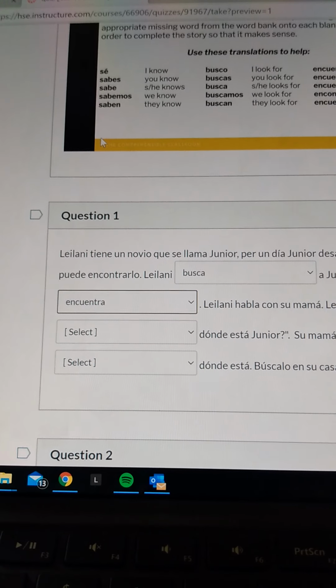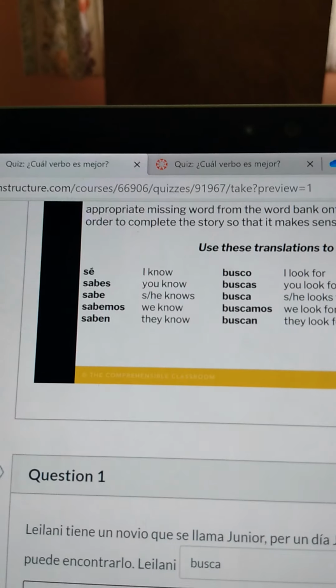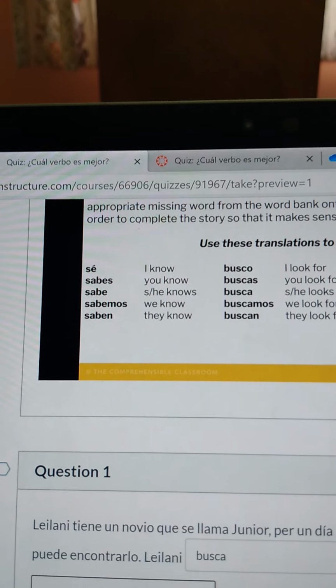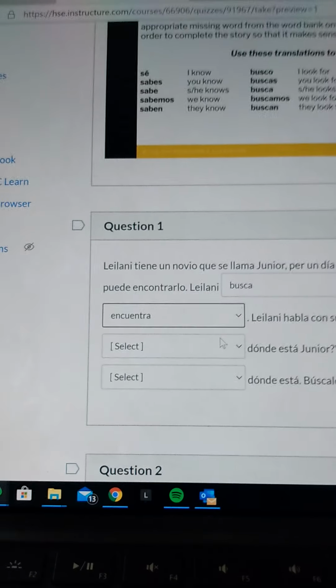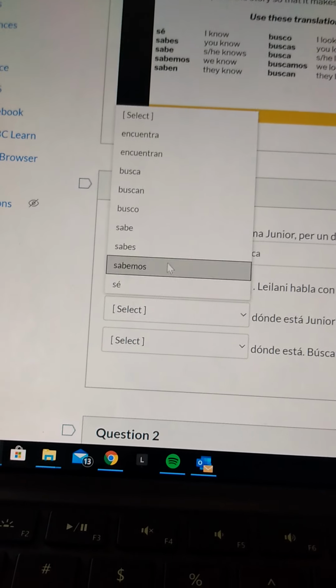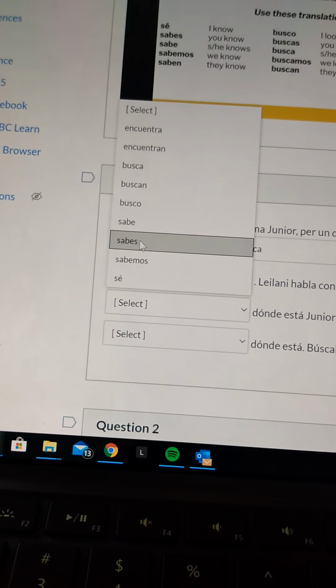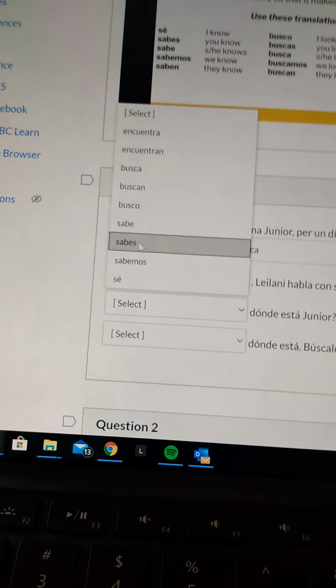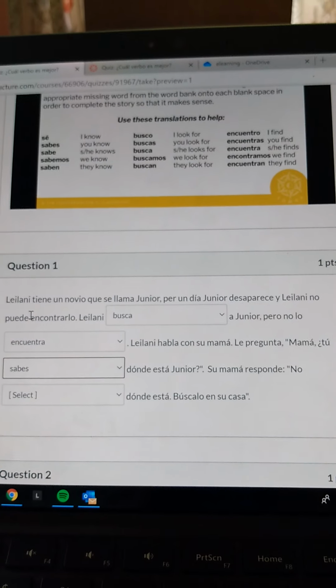She doesn't find him. She goes to her mom. Do you know where he is? So go back up to our chart at the top. Sabes is you know. So that's the only thing that would make sense. Do you know? And sabes, because she's talking to her mom. It said tú anyway. Okay, ¿tú sabes dónde está Junior?